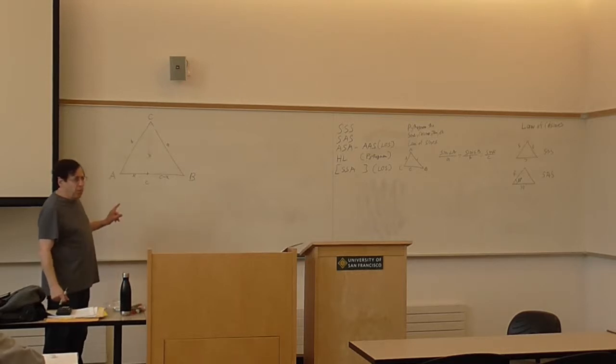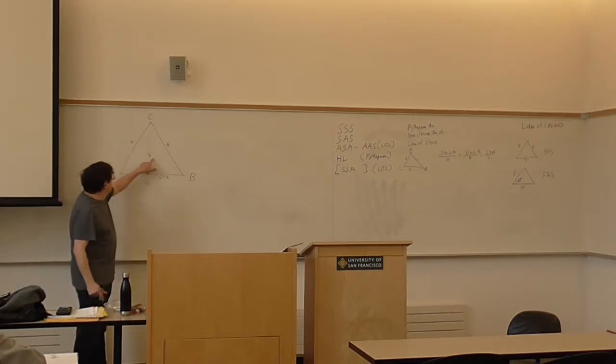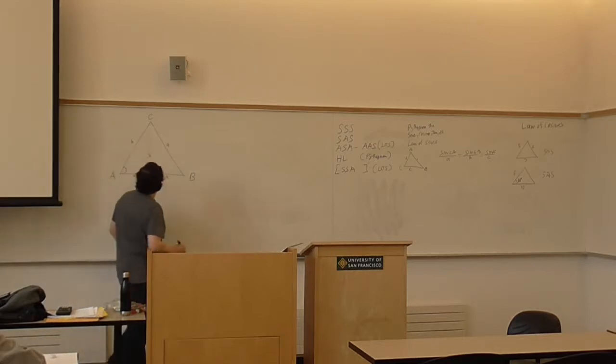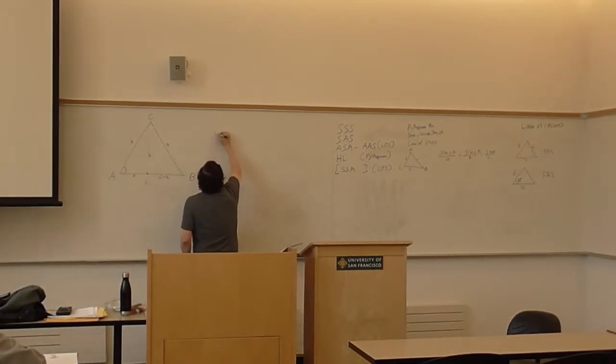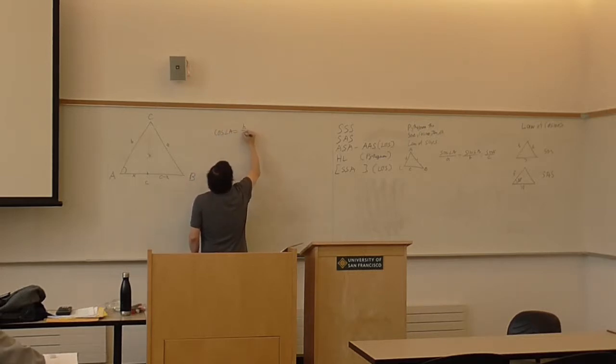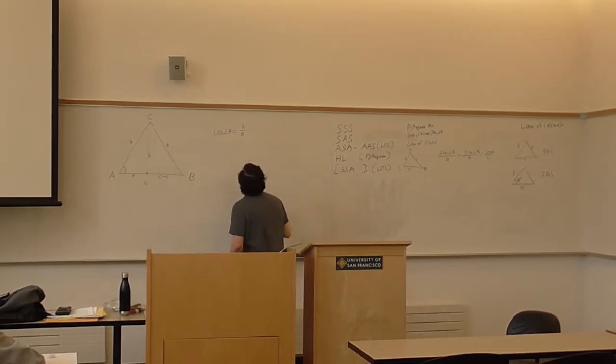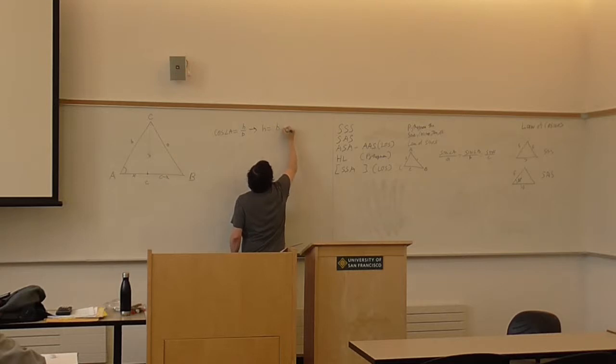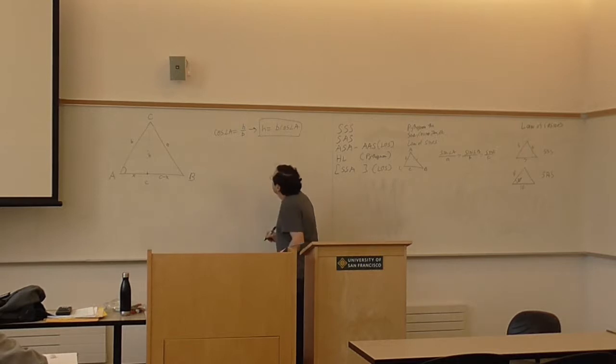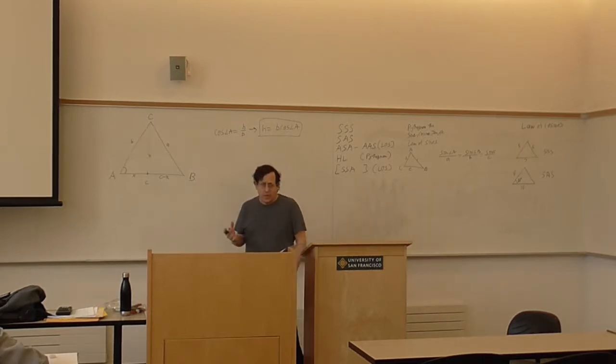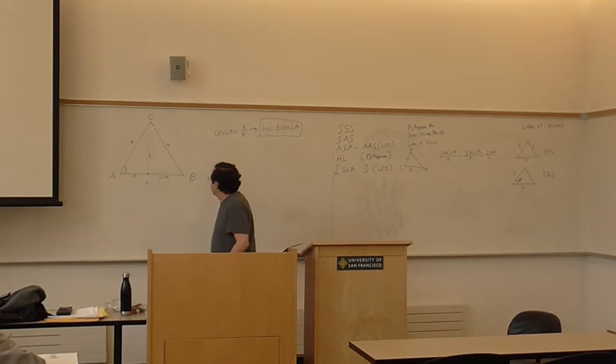I also want to make note of the fact that I have a relationship between h, b, and angle A here. I can clearly see that cosine of angle A is h over b, or if you like, h is equal to b times the cosine of angle A. Right? I'm going to use this later, but now we get to the guts of this.